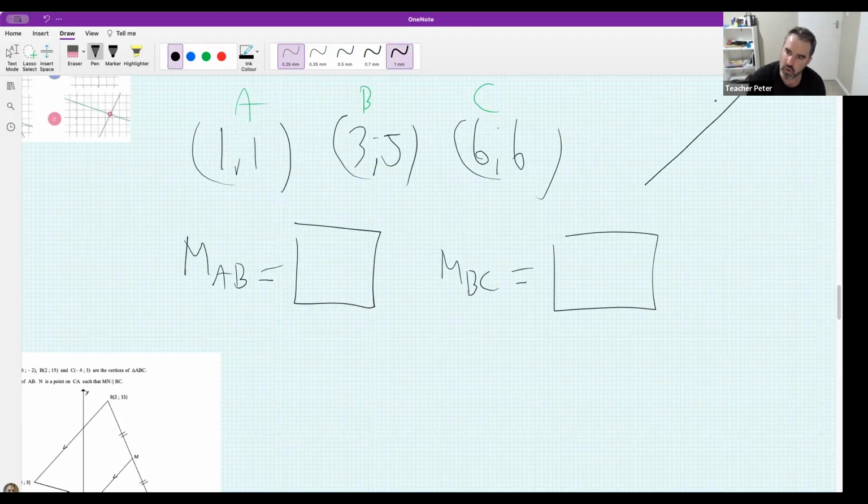Do they fall on the same straight line? Or do some of them fall on the line and some of them not fall on the line? Or do maybe all of them, 2 of them off the line? I don't know what the answer is yet. So you work out the gradient between those two, and then you tell me.